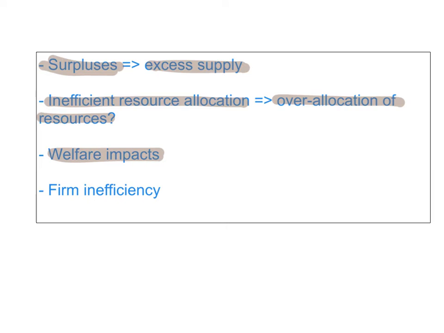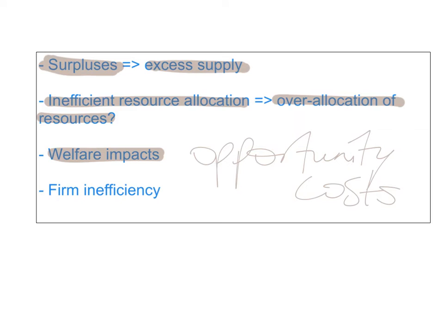All of this money that the government is spending to buy that surplus or that excess supply, that's money that could be used in something else. So there's also an opportunity cost because this money could be used to fund other government projects and other government spending. Price floors also encourage businesses to be quite inefficient because it's really giving them easy money that they don't have to be efficient or be competitive or work hard for.